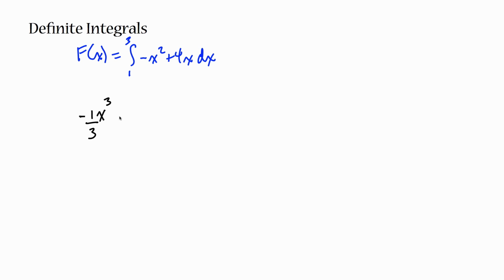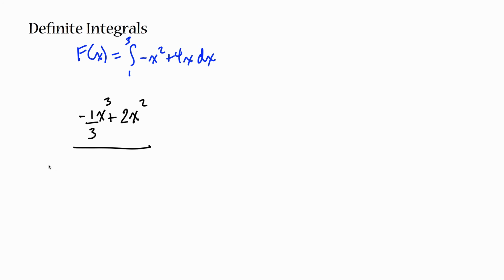So there's that term, and the antiderivative of 4x is going to have an x squared, and we want it to be 4, so it'll be 2 plus. Checking that, the derivative of 2x squared, the 2 comes down, becomes a 4, yes. So that's my indefinite version of this integral.